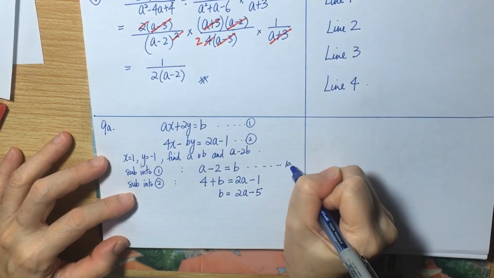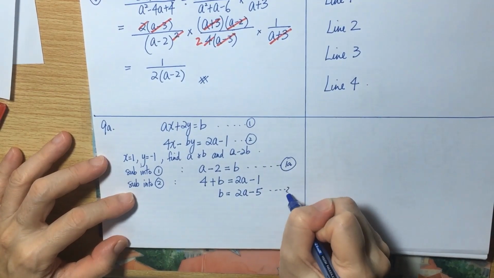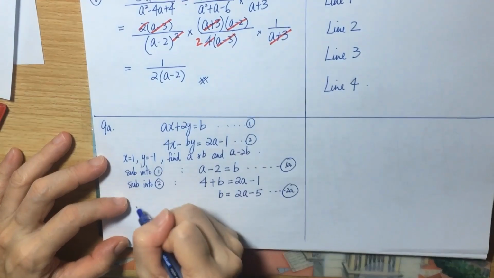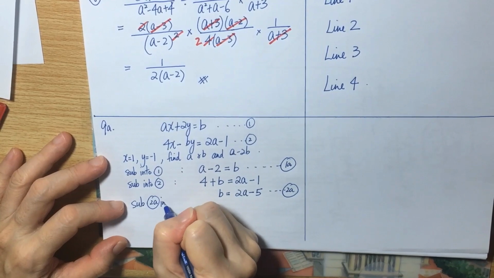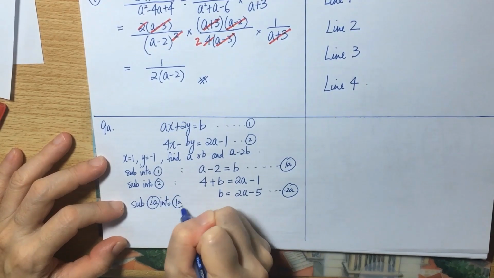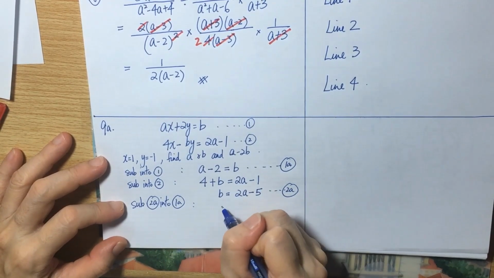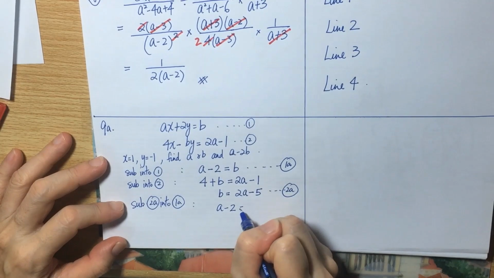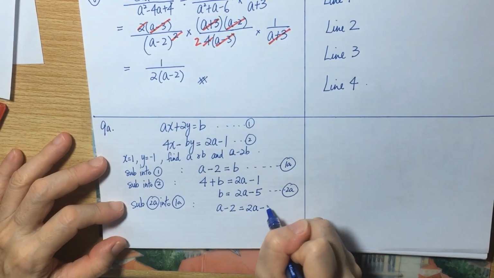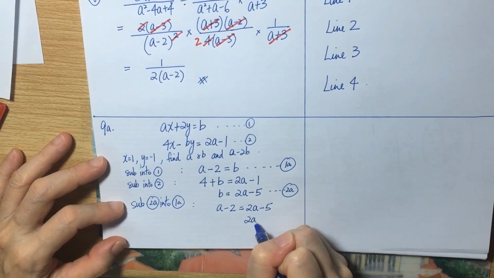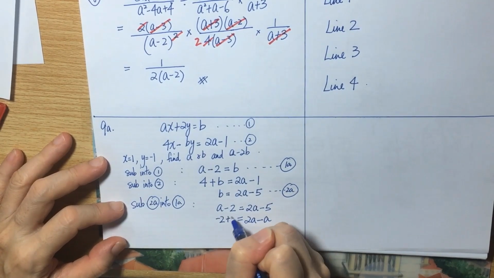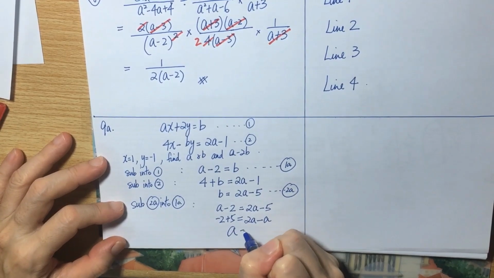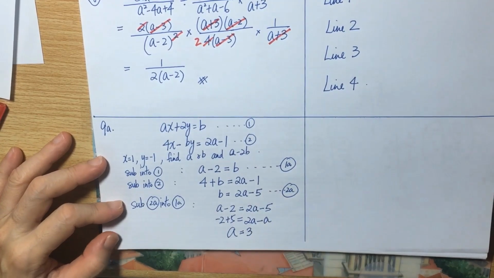So equation 1a and equation 2a, I substitute equation 2a into 1a. So I have a minus 2 equals 2a minus 5. So 2a minus a equals -2 plus 5. So a is actually equal to 3.